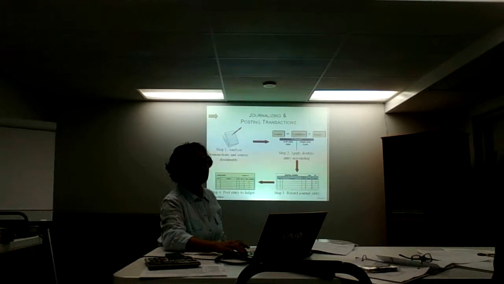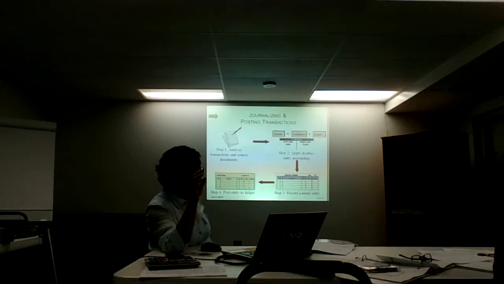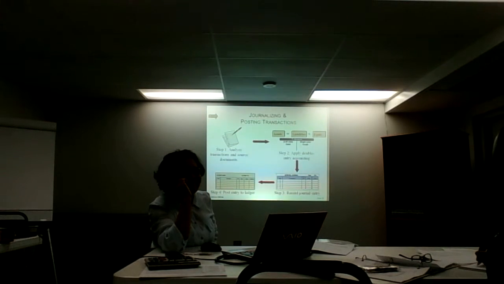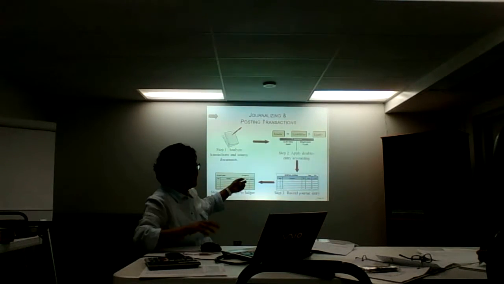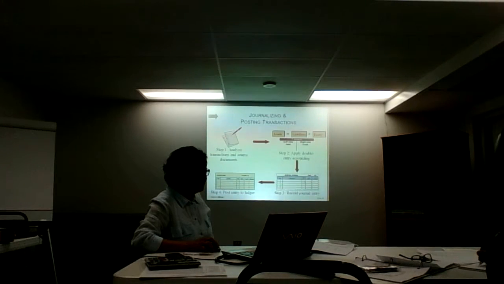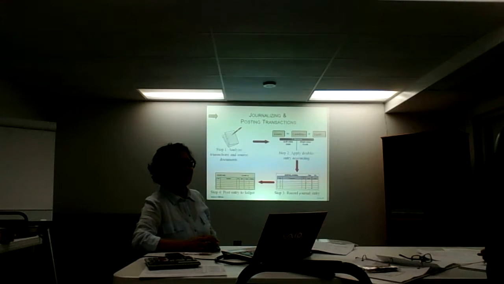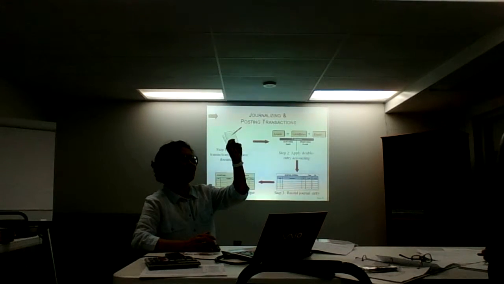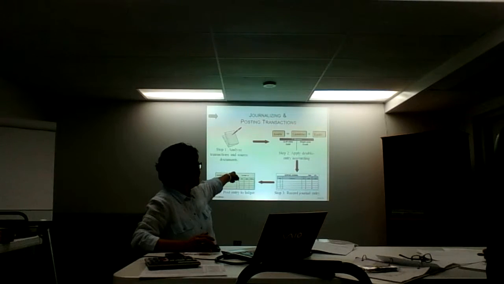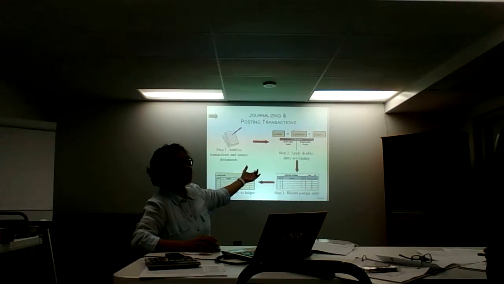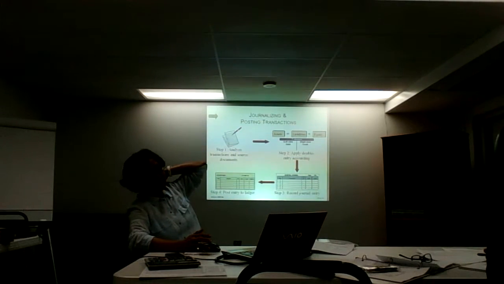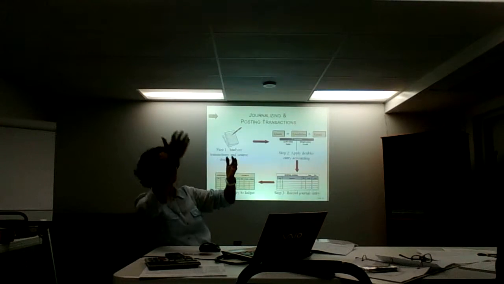What is the posting reference? It is where the entry is coming from. So when you put GL 101 here, what is the GL code 101? It could be cash. That means if you review the transaction, it is coming from that GL. In other words, it's a reference link.